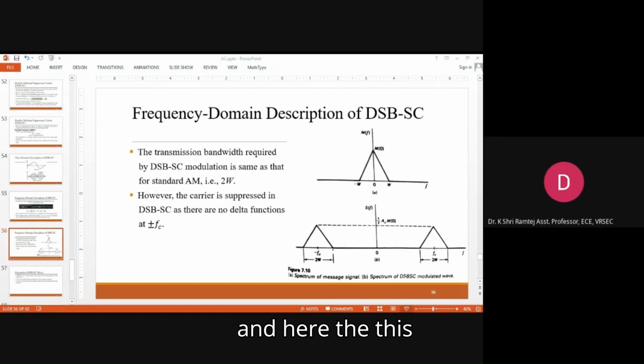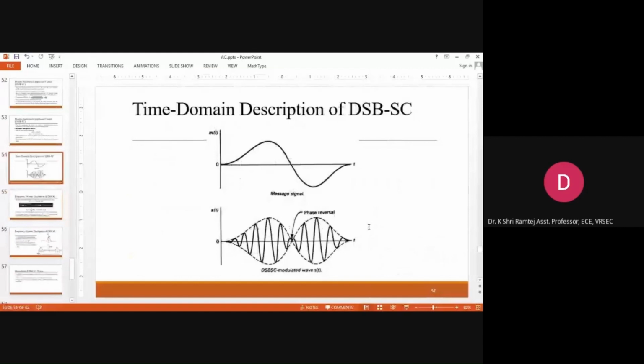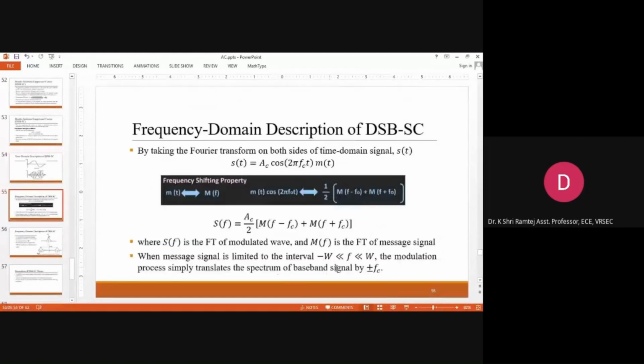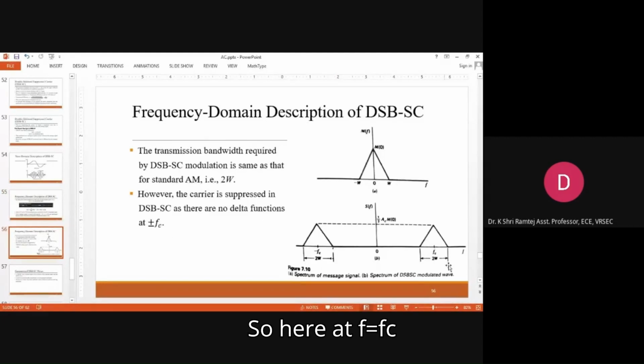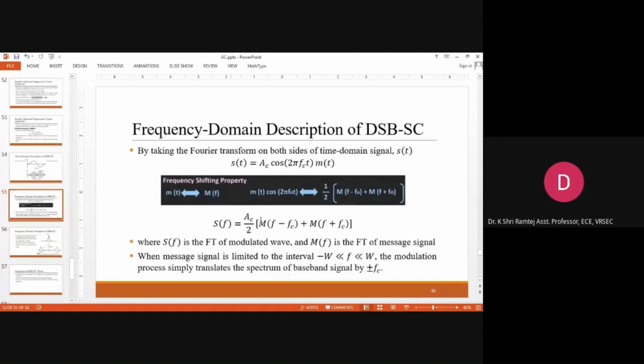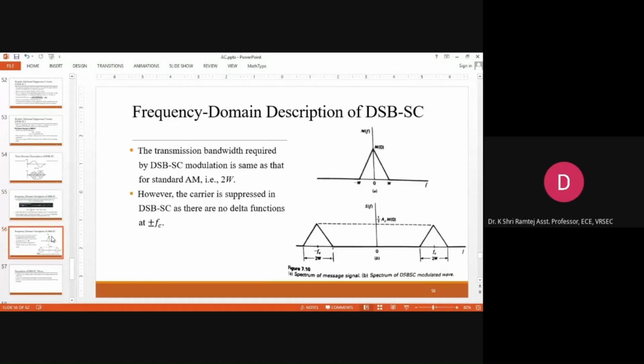And here this peak value will be 1 by 2 A_c m of 0. So at f equal to f_c, this will be m of 0 into A_c by 2.